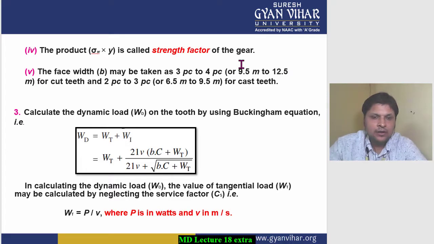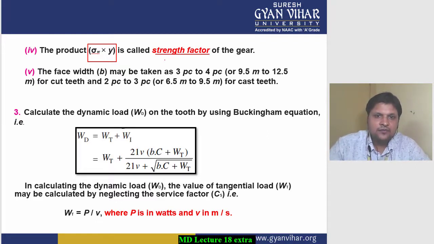Coming to the third point, sigma w into y, which has to be calculated for finding the weaker one, is known as your strength factor, students. And the face width B can be taken as 3 PC to 4 PC, that is 3 into circular pitch to 4 into circular pitch, for cut teeth.